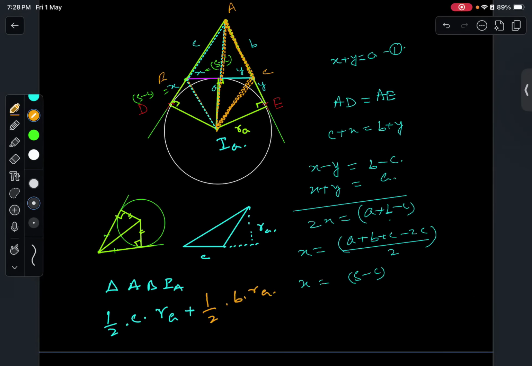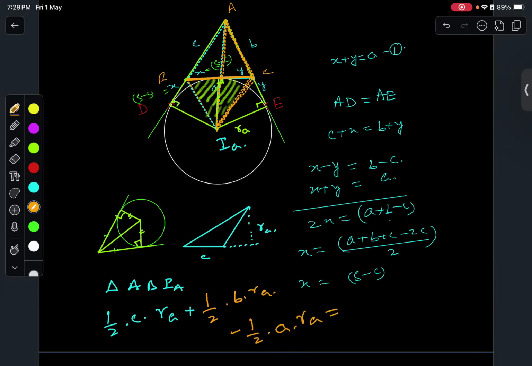But a few extra, this area is included in this. If I subtract that area, what is that? Minus half into base A into RA.